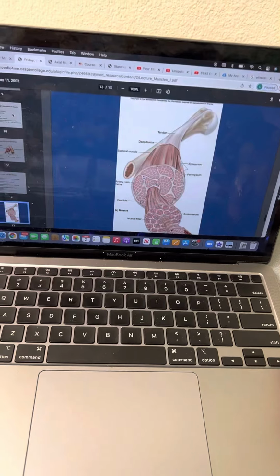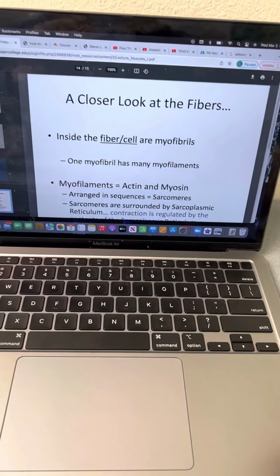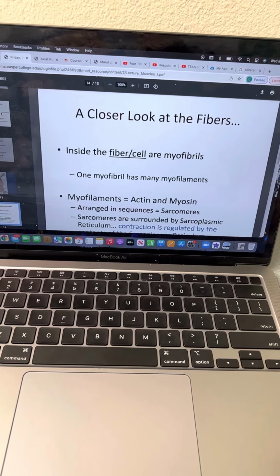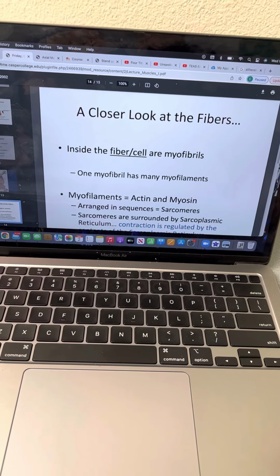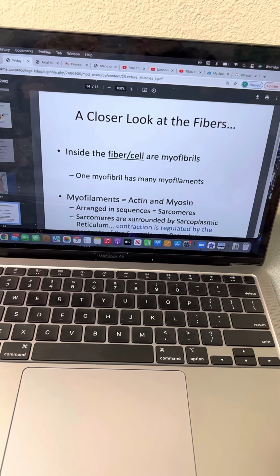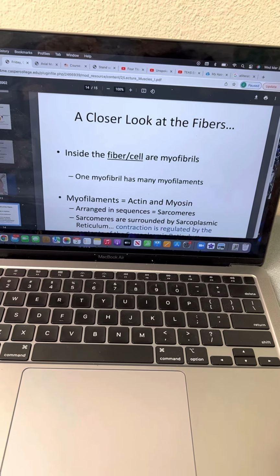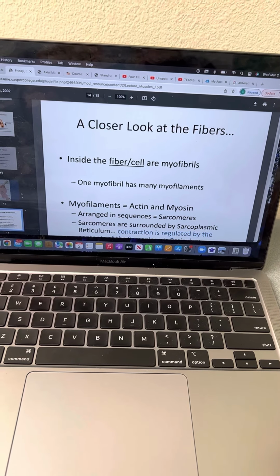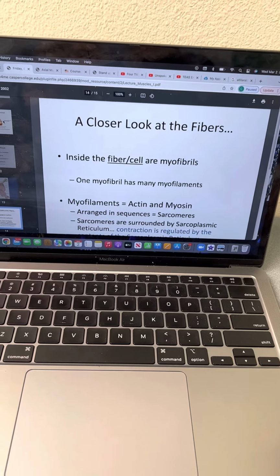A closer look at the fibers. Inside the fiber cell are myofibrils. One myofibril has many myofilaments. Myofilaments equal actin and myosin, actin, not action.